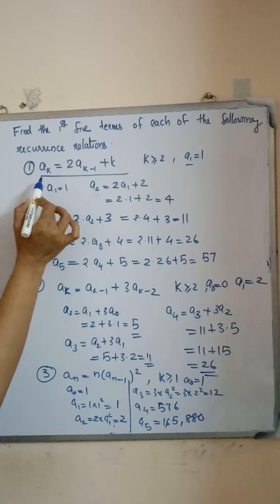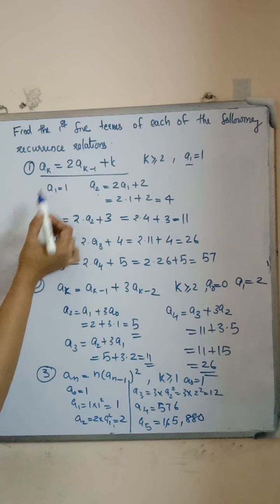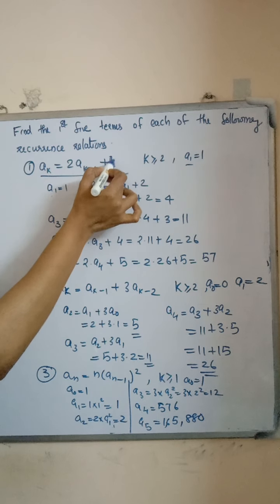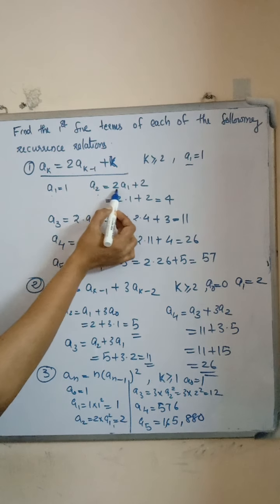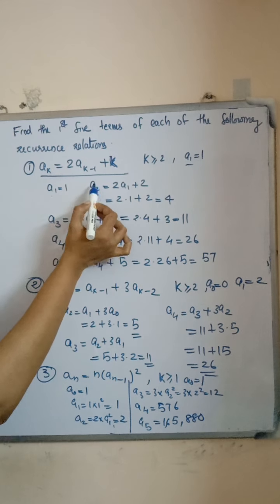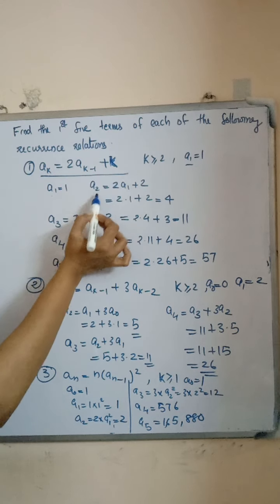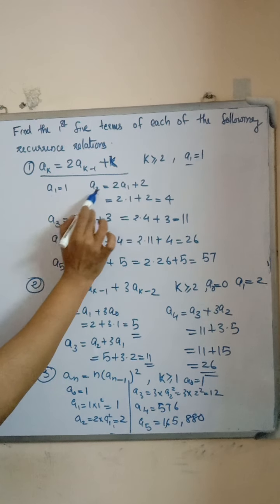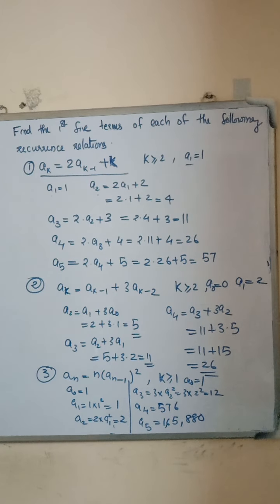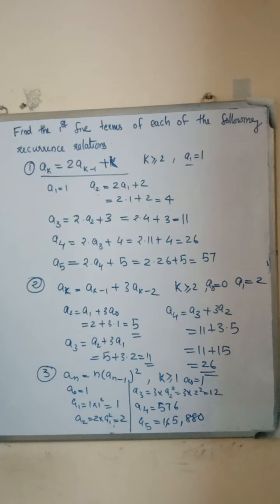What is a2? ak is equal to 2 into ak minus 1 plus k. So here a2 is 2 into a2 minus 1, that is a1, plus k. So a2 is equal to 2a1 plus 2. So 2 into 1 plus 2, 4.